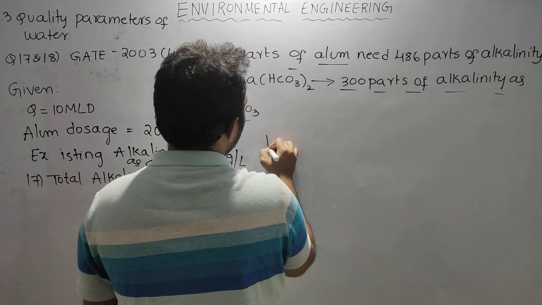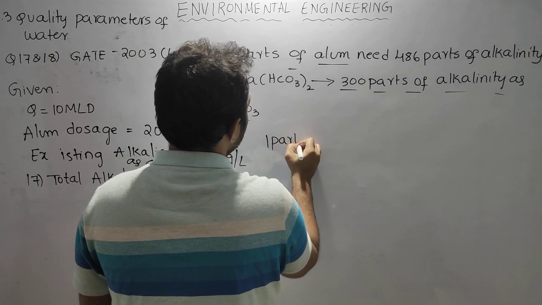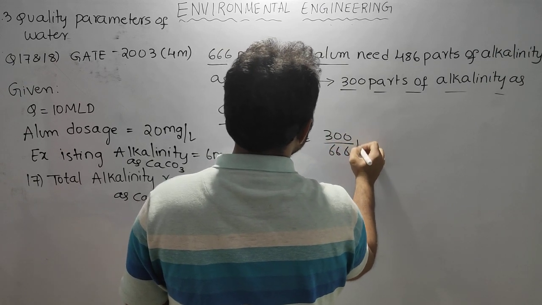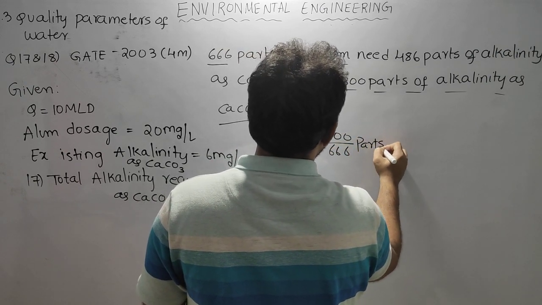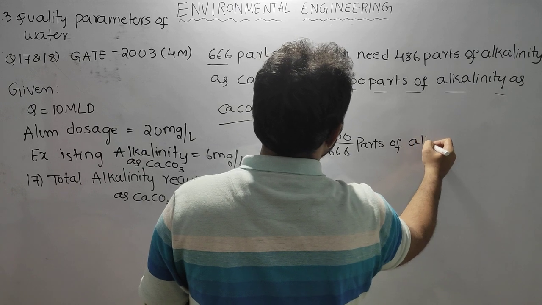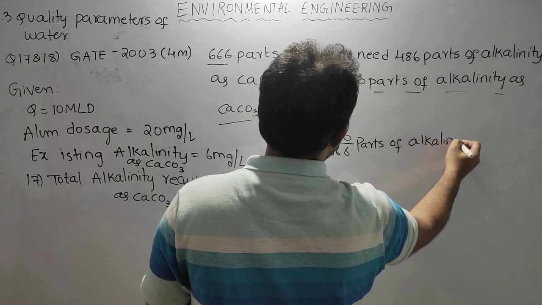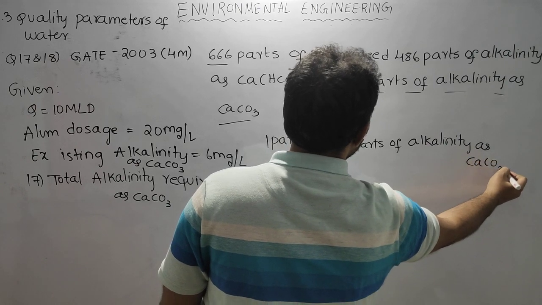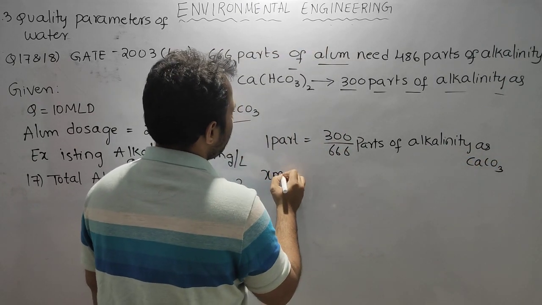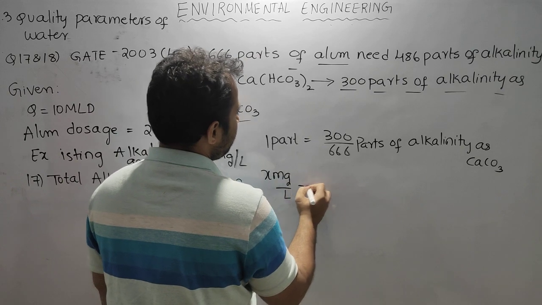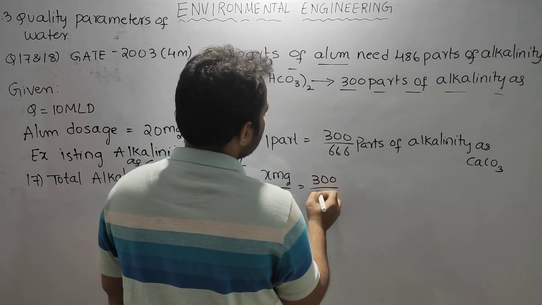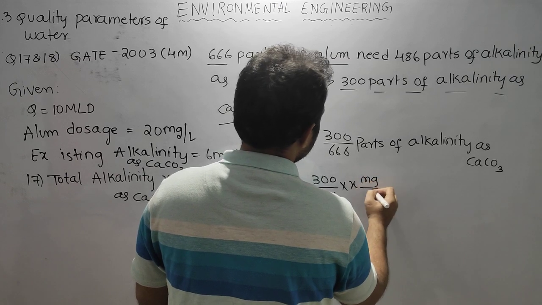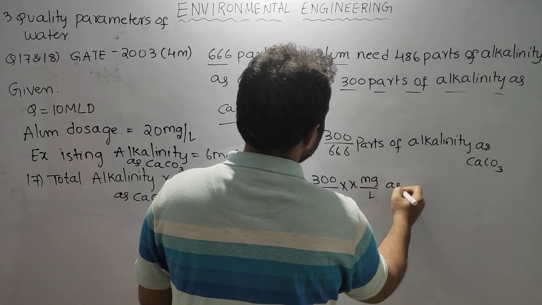So 1 part needs 300 by 666 parts of alkalinity as CaCO3. If it is x mg per liter, then it is 300 by 666 into x mg per liter as CaCO3.